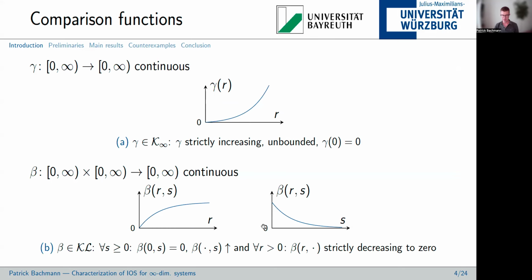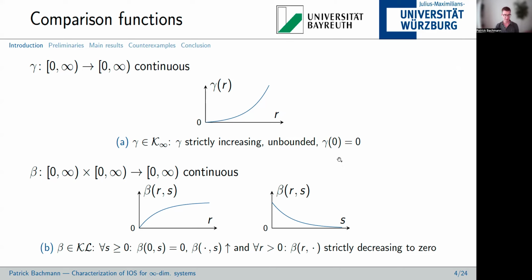Very shortly, a trip to the comparison functions. I wanted to keep this short. We have the K-infinity functions, which are continuous functions from the non-negative real values to the non-negative real values. They should be strictly increasing and unbounded, and map 0 to 0.